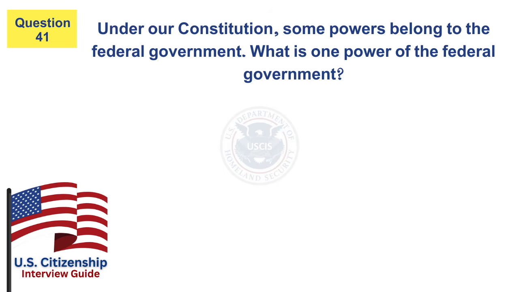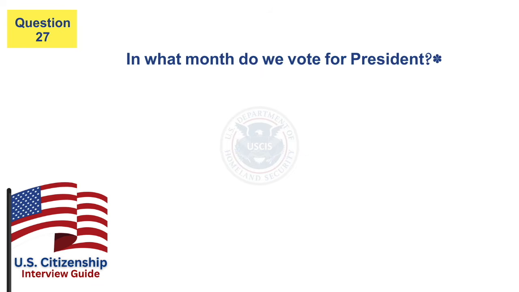What is one power of the federal government? To print money. In what month do we vote for president? November.